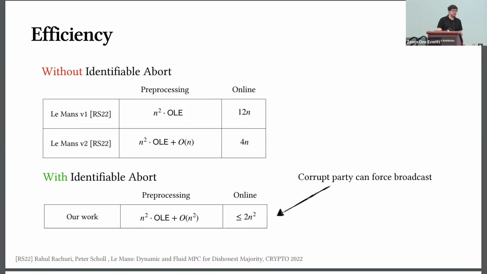This would increase the complexity by a factor of 2, because you have to use broadcast instead of point-to-point channels. The adversary could also cause an abort at any point, forcing parties to open their views. But in our protocol, it's fairly cheap to resolve aborts, because once the parties receive the views, they only need to locally compute the messages, with no need for expensive ZK proofs.